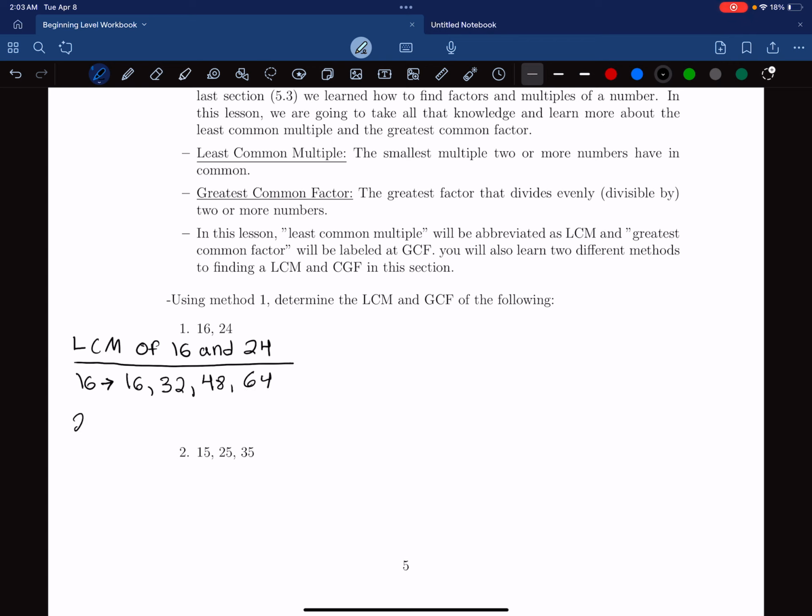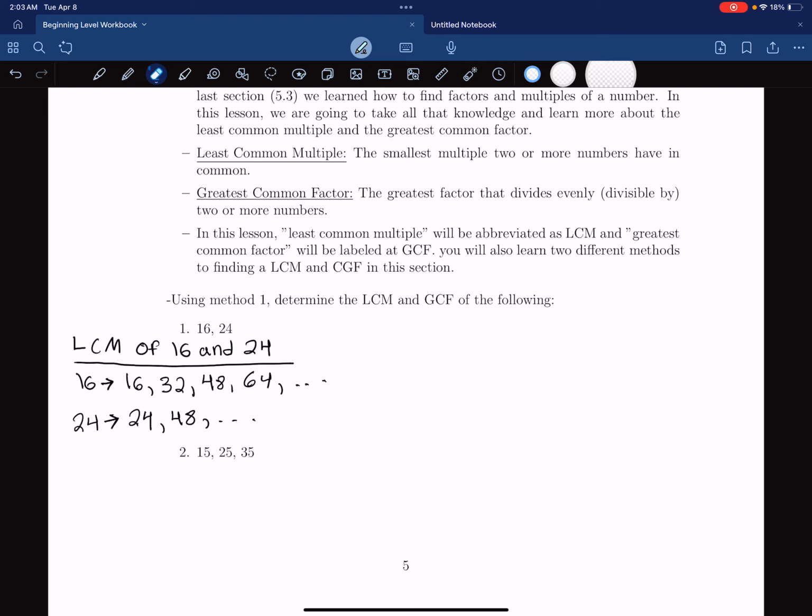Now let's do the same thing. Find some multiples of 24. So let's start off by 24. 24 plus 24 is 48. And then we can keep going from there if we need. But for now, let's stop here and see if we can find any multiples that match up. So we have 16, 32, 48, and 64. We have 24 and 48.